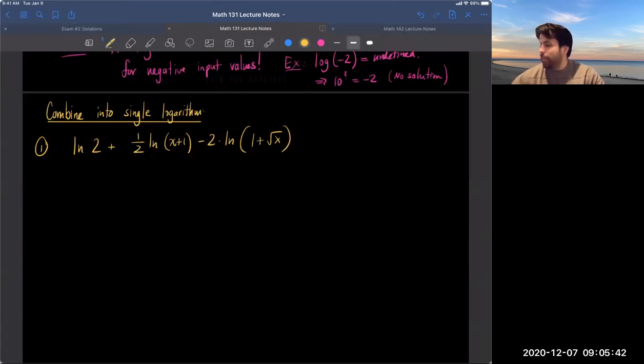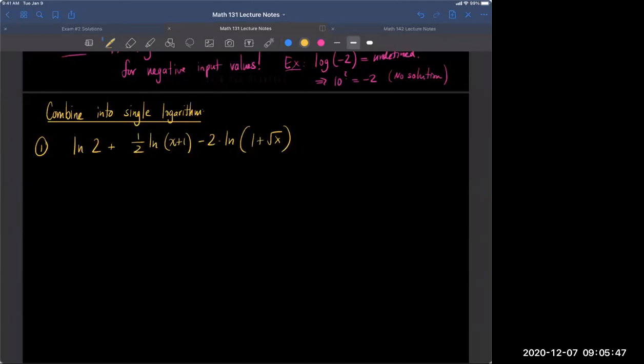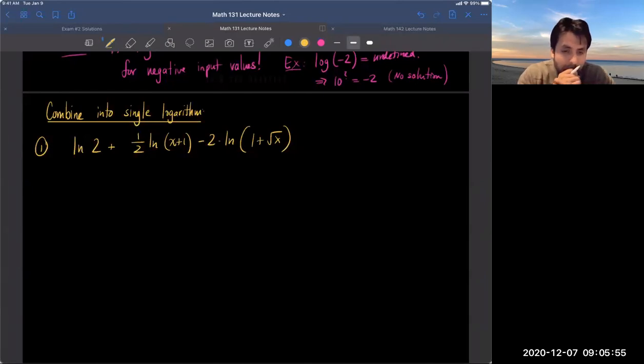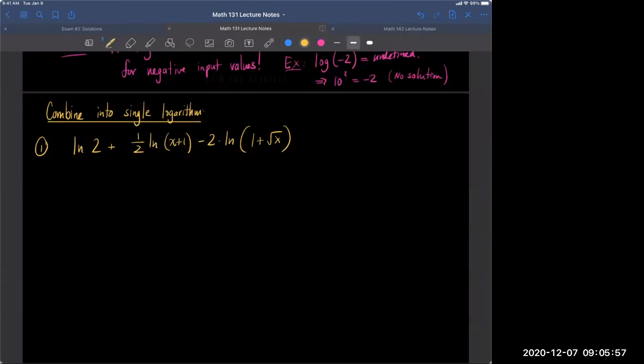Does anybody know? So they would all technically have the same base of e, right? They would, yes. And since it's addition for the first two, would you multiply the first two, and then since it's subtraction for this, would you divide?